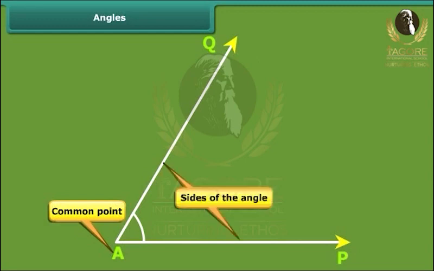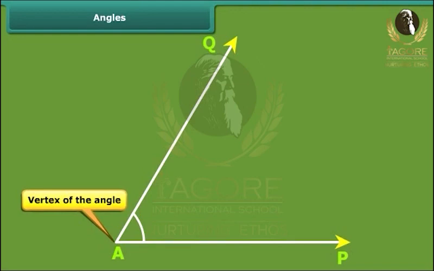The common end point is the vertex of the angle. The angle is named angle PAQ. Note that the vertex specifying the angle is written as the middle letter.